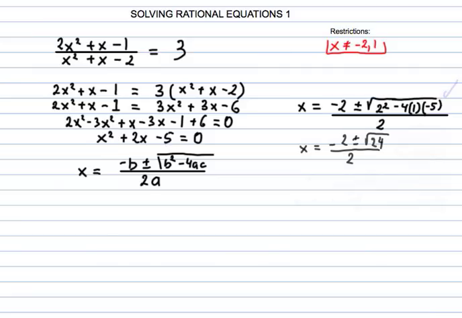And the square root now is 24. As you calculate that, you will have 4 take away 4 times 1 times negative 5. So your goal is not to use a calculator and get some decimal numbers. You want to show it exact.